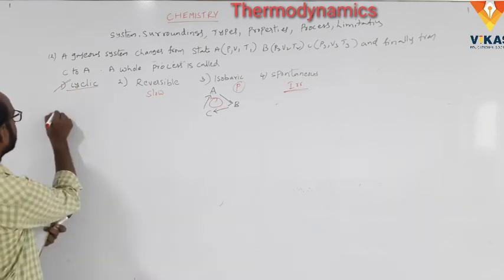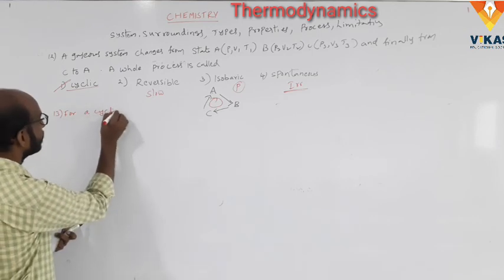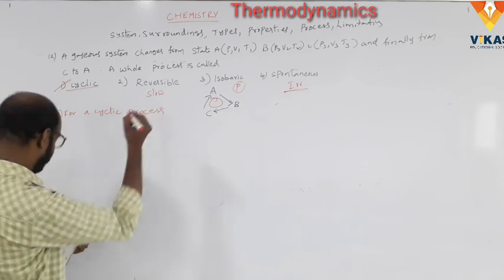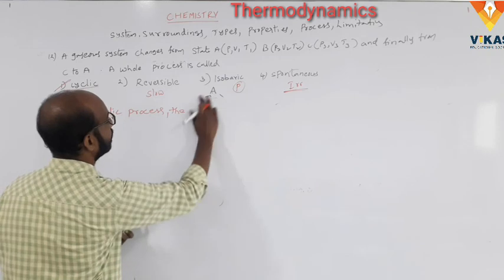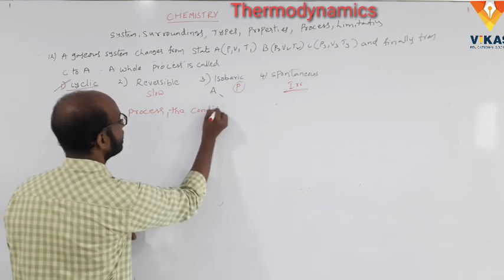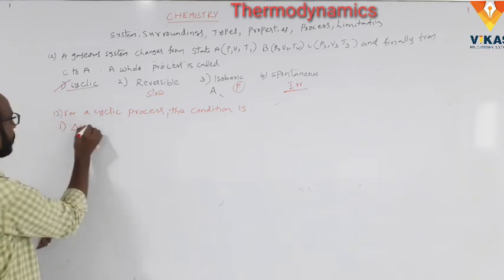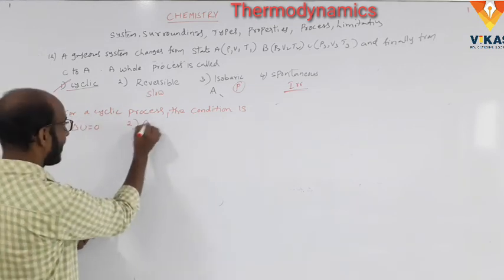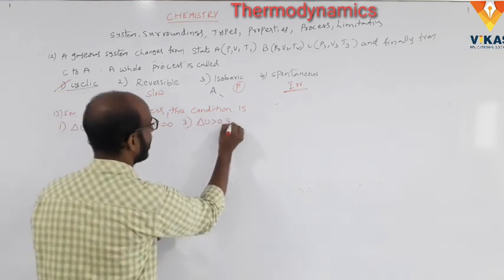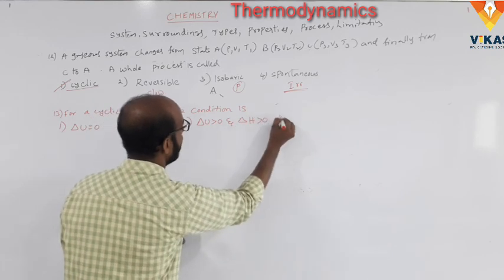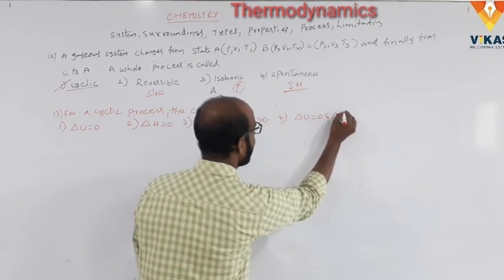Question 13. For a cyclic process, the condition is: option 1, delta U is equal to 0; option 2, delta H is equal to 0; option 3, delta U greater than 0 and delta H greater than 0; option 4, both delta U 0 and delta H 0.